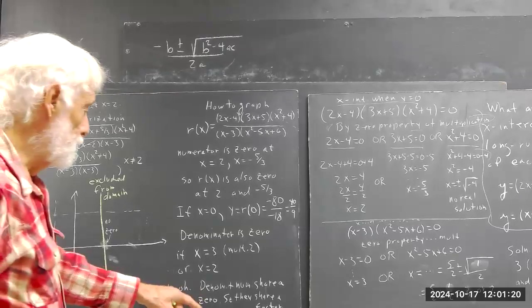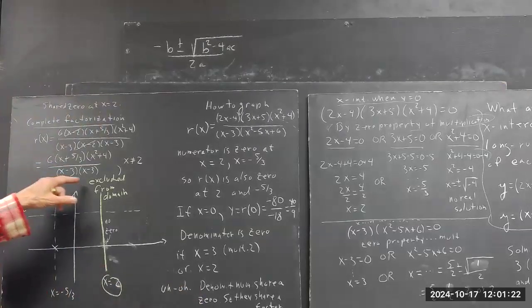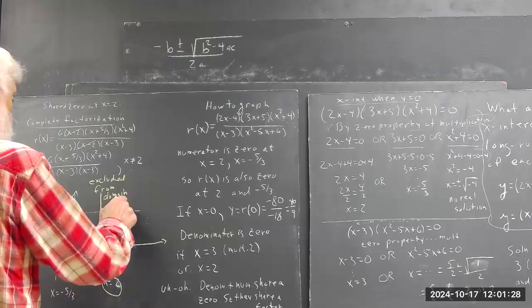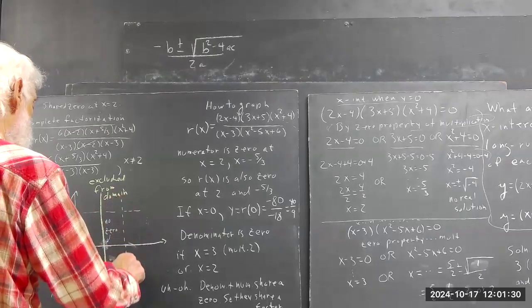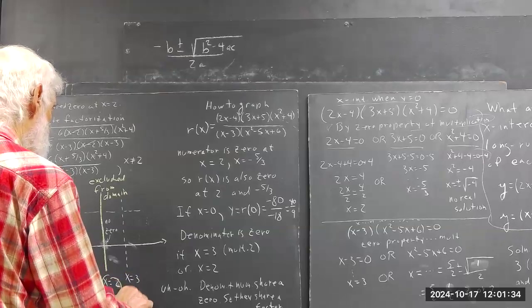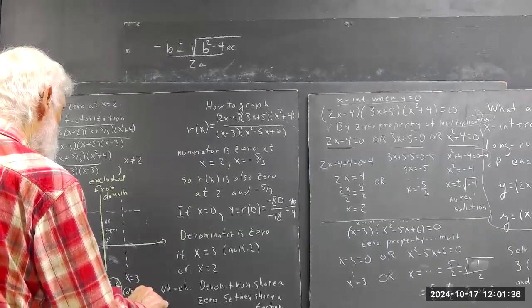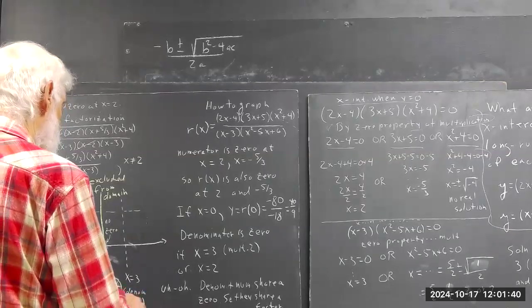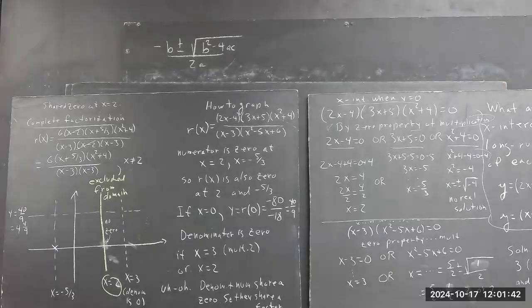However, we still have a 0 of the denominator at x equals 3. So here we've got the line where the denominator is 0.